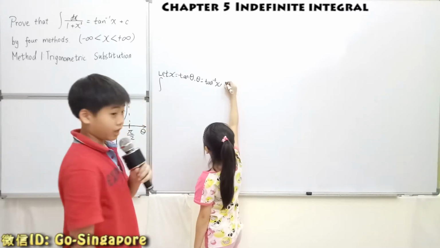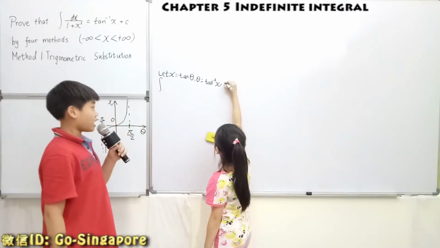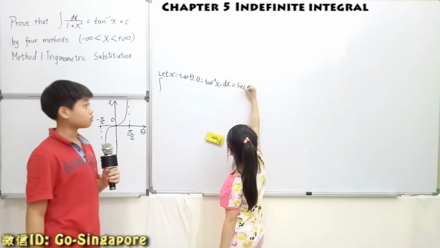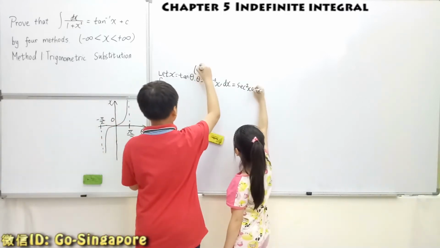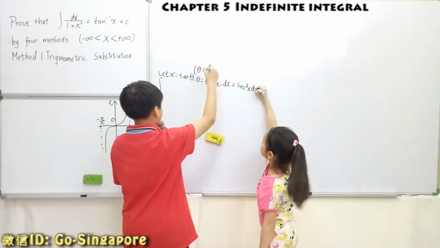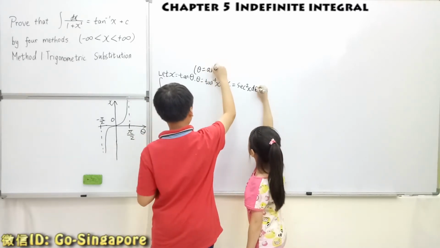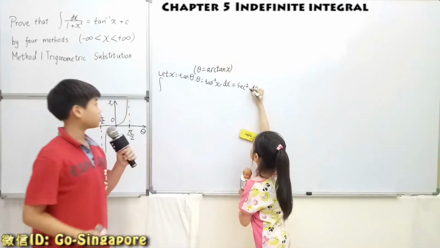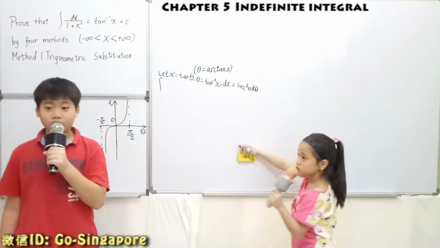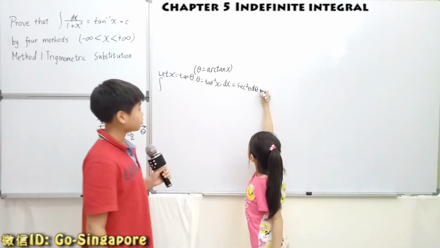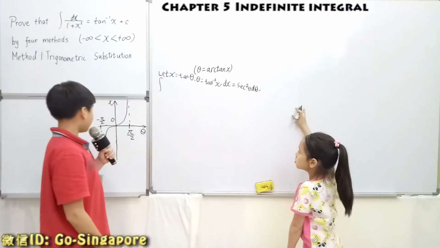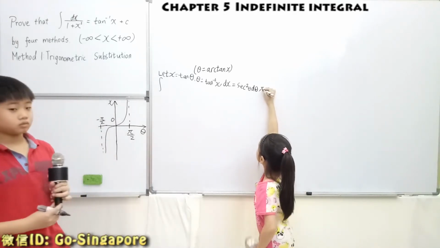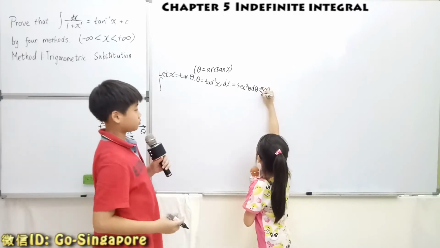Then, next is the dx. And theta can also be written as arc tangent x. And the range for theta, please space it out.